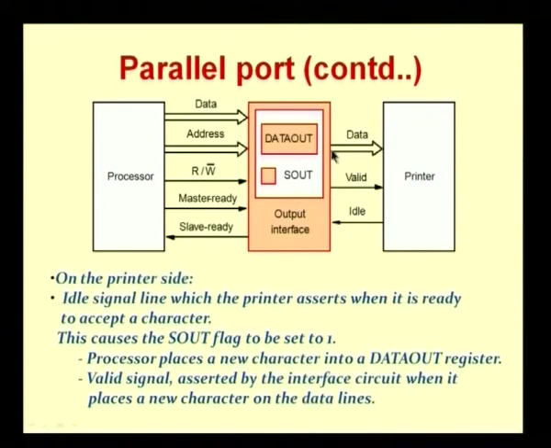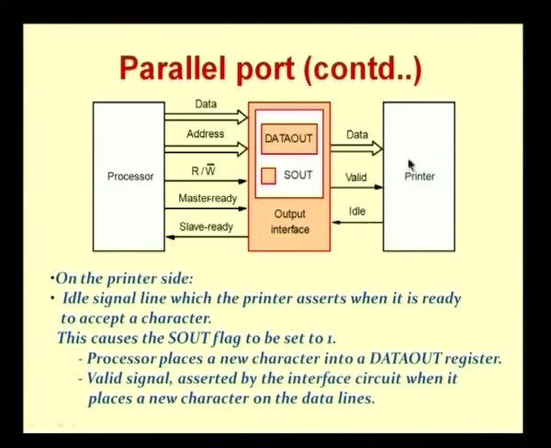So, you have your data lines, which are used for transferring data from the interface to the printer, and a valid line, which indicates that you have valid data on these data lines. Then we also have an idle line. This is a status signal which comes from the printer to the interface. It indicates to the interface whether the printer is ready to accept the data or not.